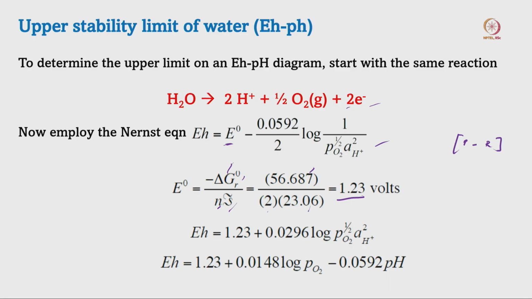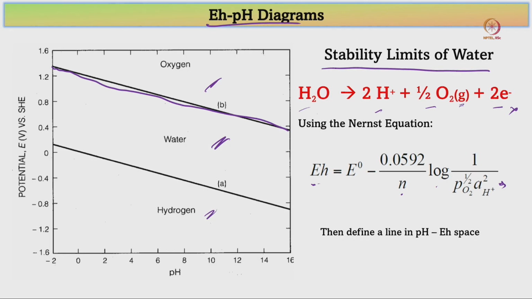We are going to write in terms of pressure of oxygen and in terms of pH. So, given the pH value and the pressure of oxygen, this is my upper stability limit of water.